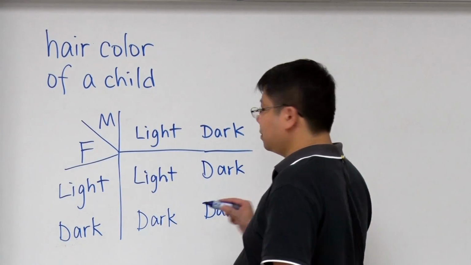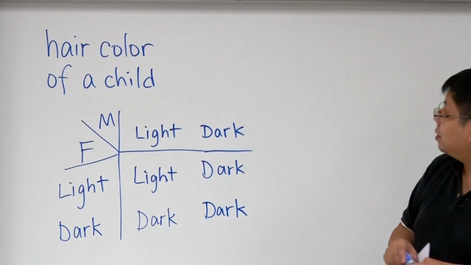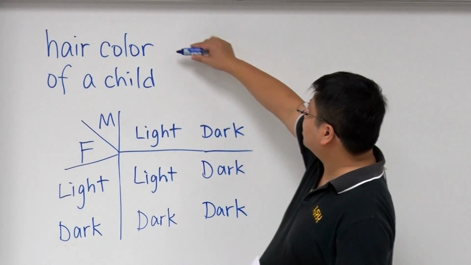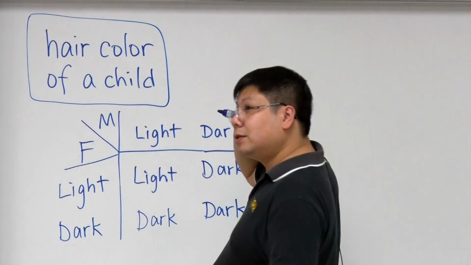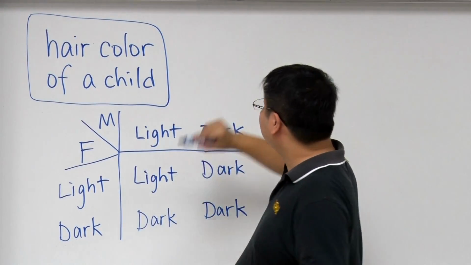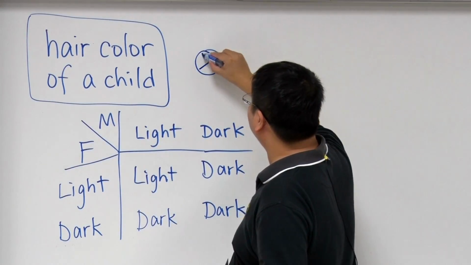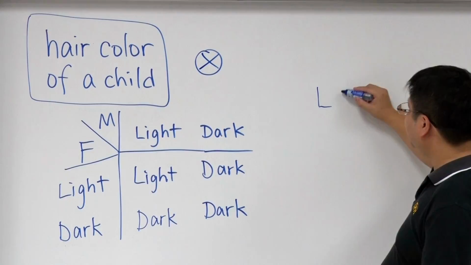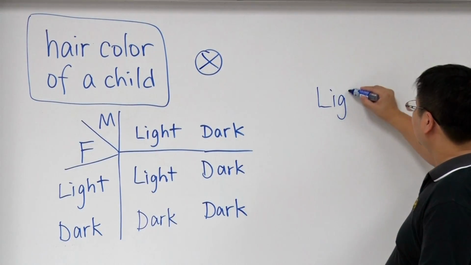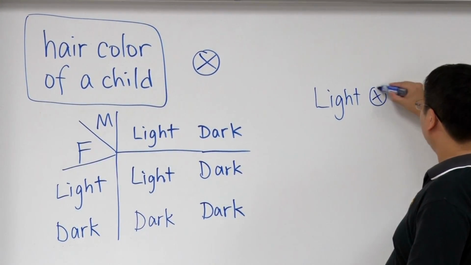Okay, so we can talk about this hair color of a child as a certain function. So this table actually represents the result of light, dark.